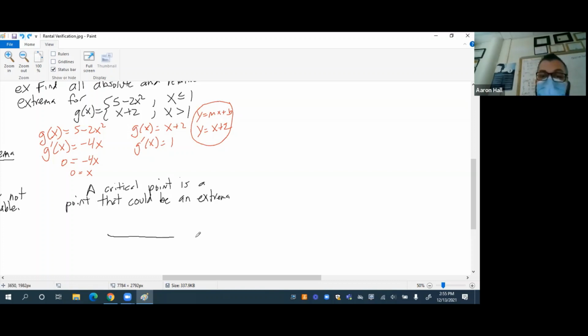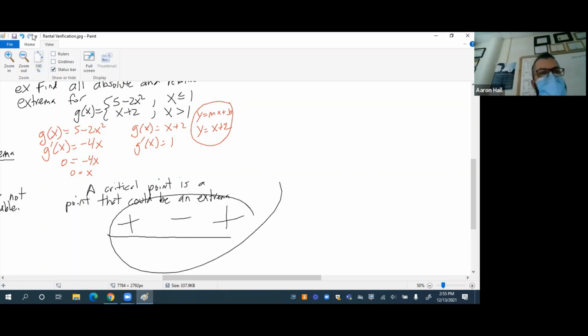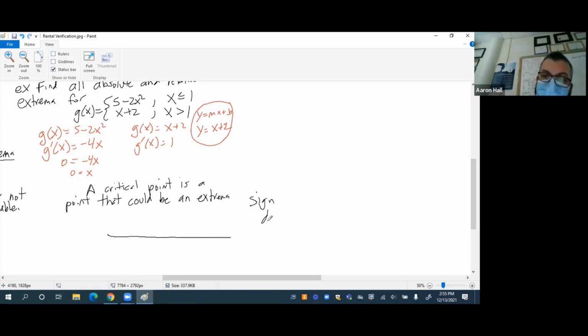So when I use, what's that called? The graph where I determine whether I have plus or minus or whatever. What's that kind of graph called? It's called a sign diagram. So this is my sign diagram. I'm spelling it wrong. Diagram.